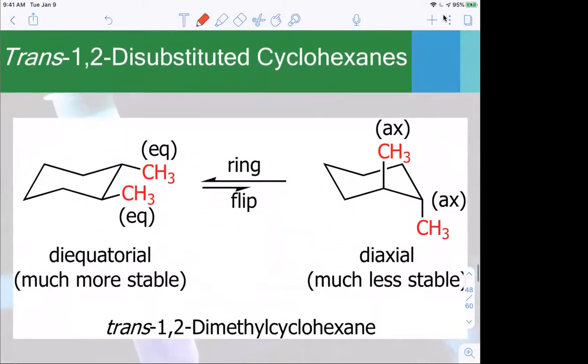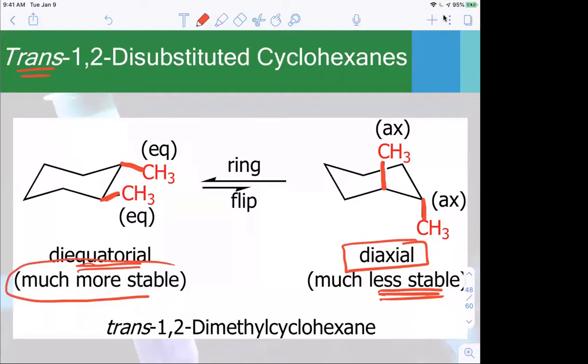In my trans 1-2 disubstituted, this is trans. I have equatorial down, equatorial up. I ring flip, I get axial up, axial down. Diaxial substituents, much less stable. Di-equatorial substituents, much more stable.